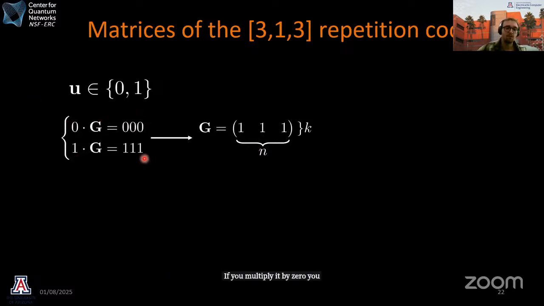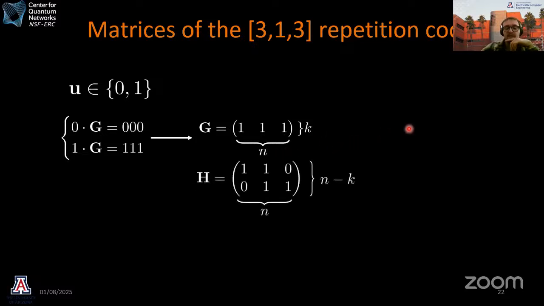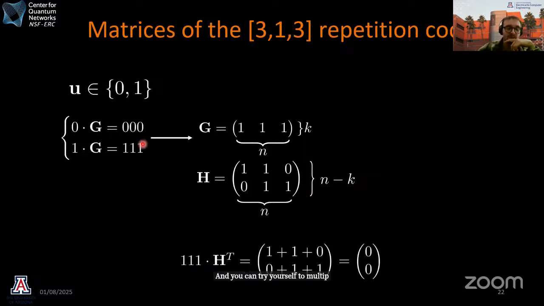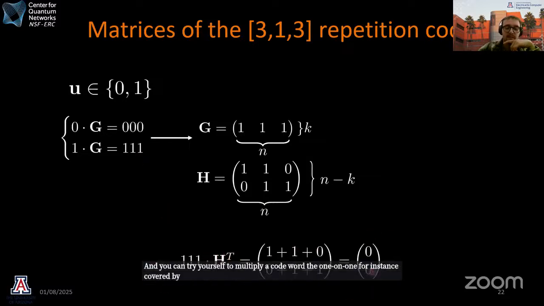If you multiply by 1, you get 111. In general, the generator matrix has k rows and n columns. The parity check matrix instead looks like this. It has n minus k rows and n columns. And you can try yourself to multiply a code word, the 111 for instance, by H transposed, and you get a 0 vector.